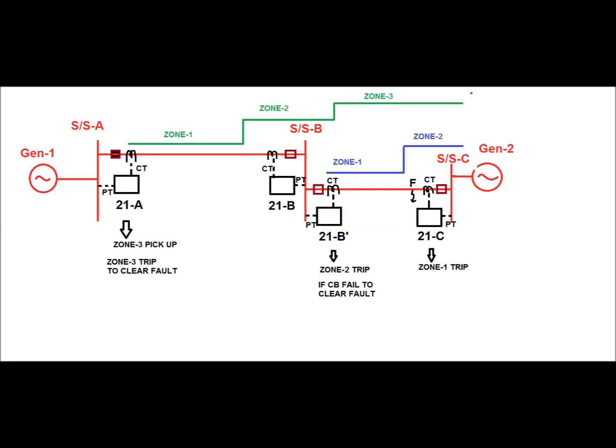Now consider the 21B dash relay failed to clear the fault due to CB failure or any other reason. Then what will happen?